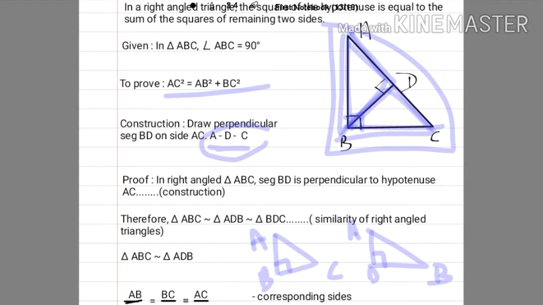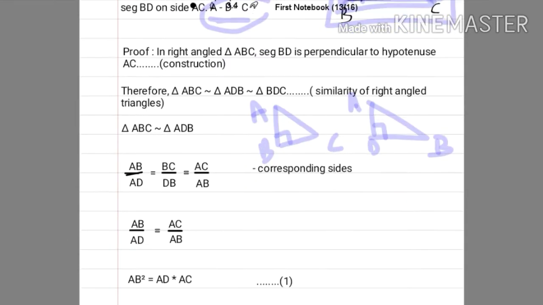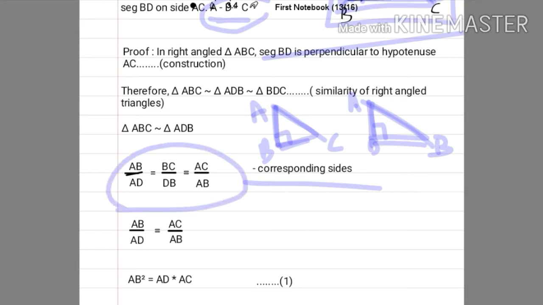So this is how we can draw it. And if you remember that the ratio of corresponding sides of similar triangles are equal. That is, in this, AB upon AD is equal to BC upon DB is equal to AC upon AB. So this is what we get, the ratio of corresponding sides, since they are similar triangles, hence we get this ratio.